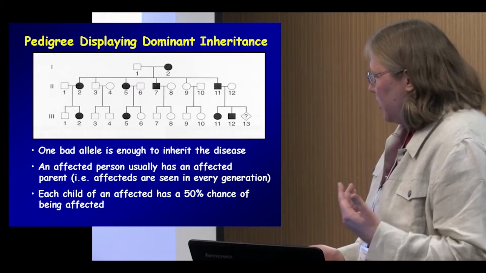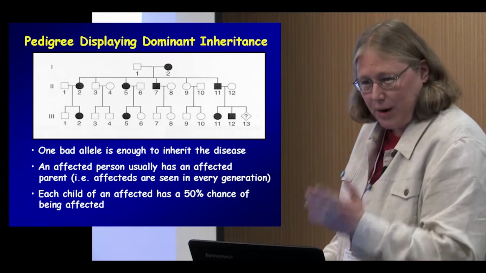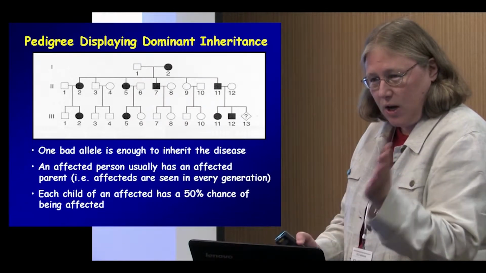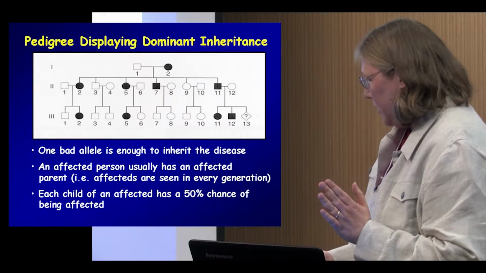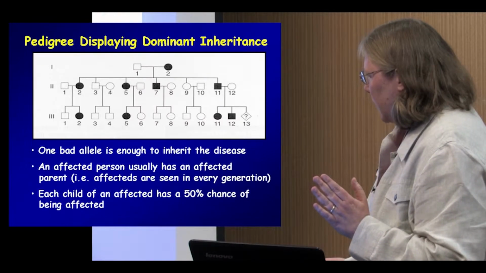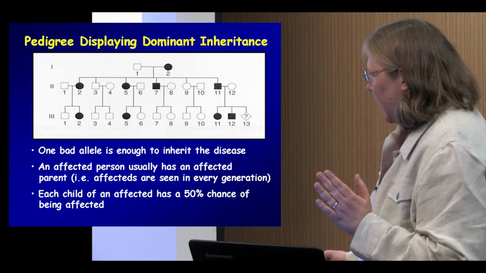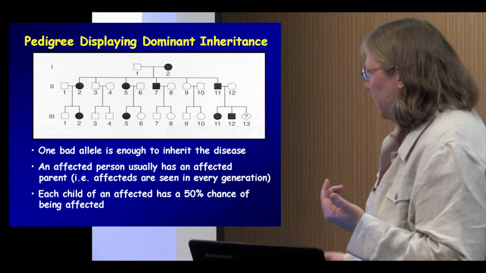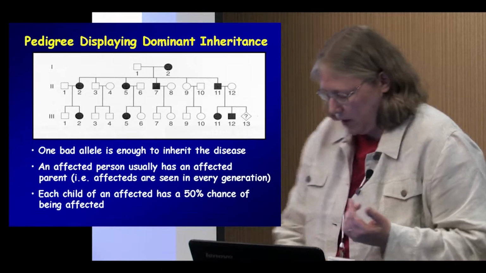When you have a dominant disease, you only need to have one bad copy. You don't have to have two. If you have two bad copies, that's called recessive. If you have one bad copy, that's called dominant. What I want you to see here is that most people who are affected have a parent who's affected. So you only need one bad copy, and most people who are affected have an affected parent.